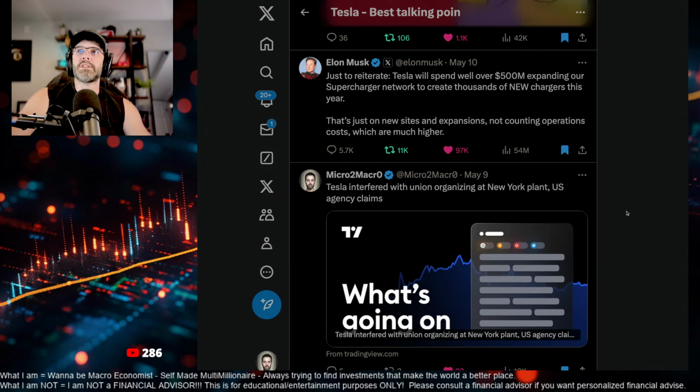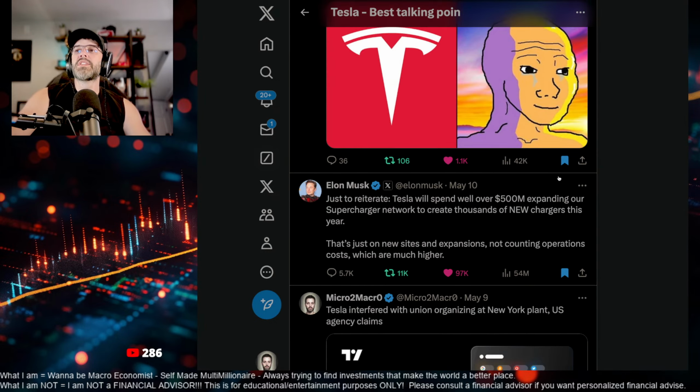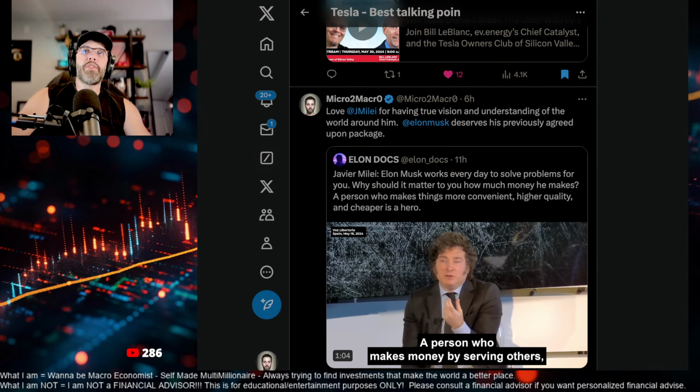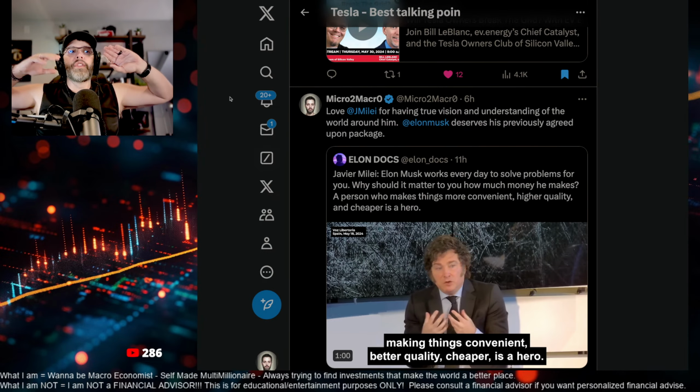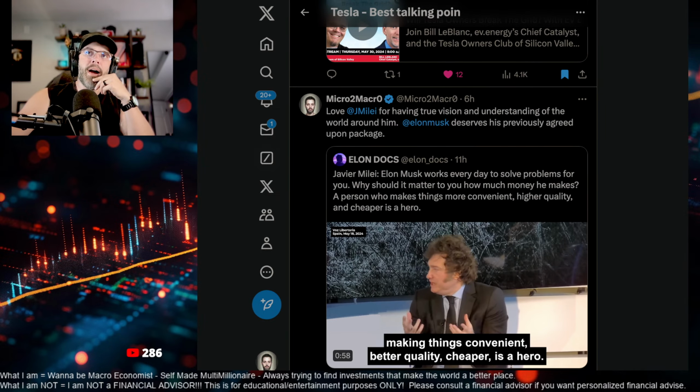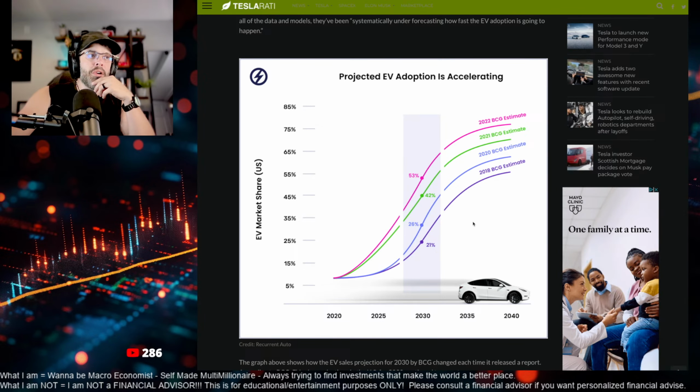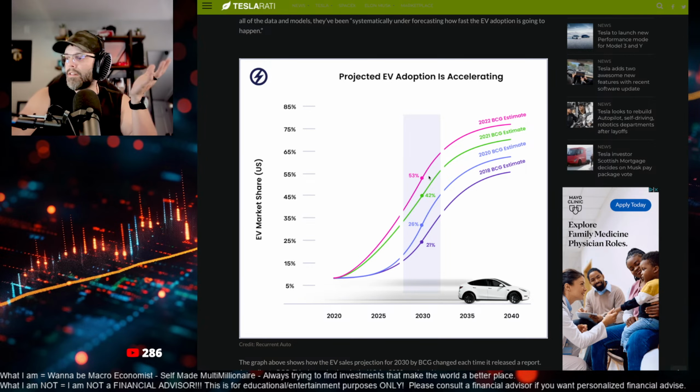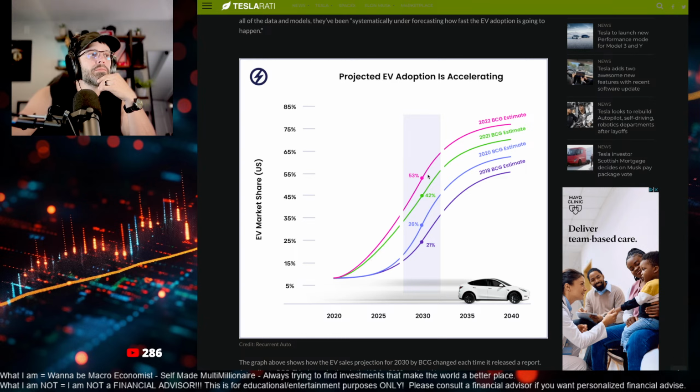Let's move on. Just to reiterate, Tesla will spend well over $500 million expanding the Super. So this is older notes. I don't even know if I got all my bookmarks in here for Tesla. Again, think about the future. Think about S-curves that are here and that are going to be here within 5.5 years.